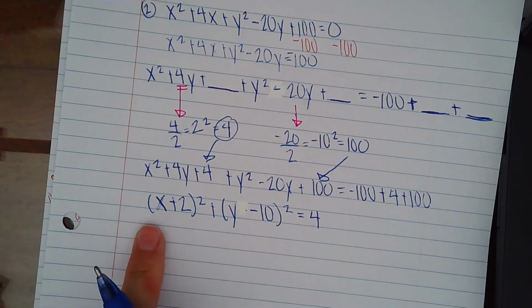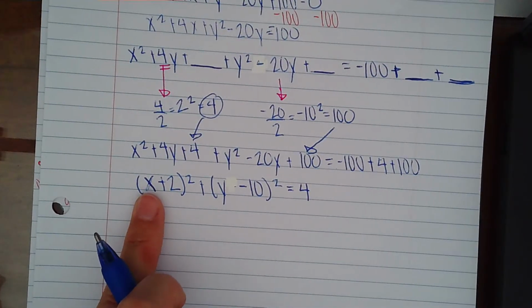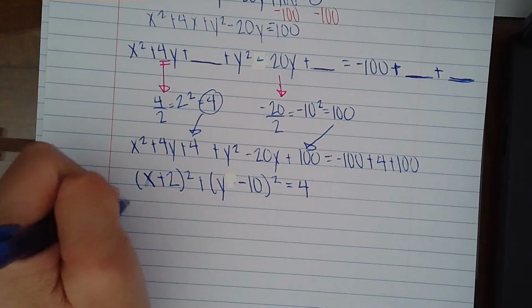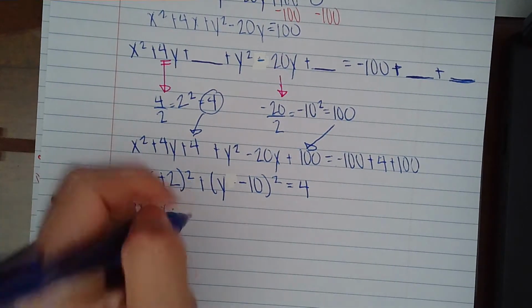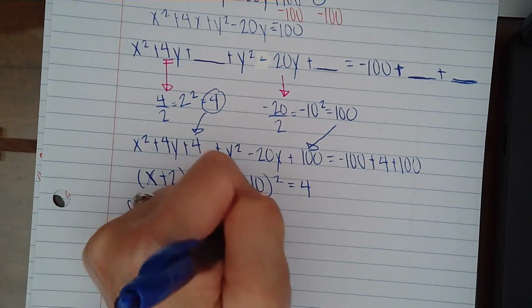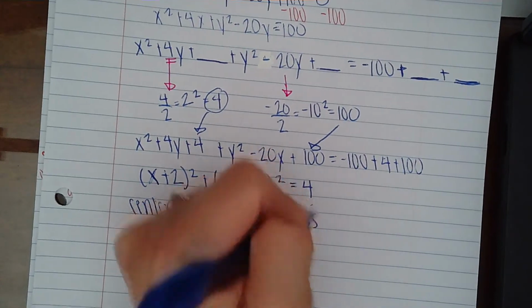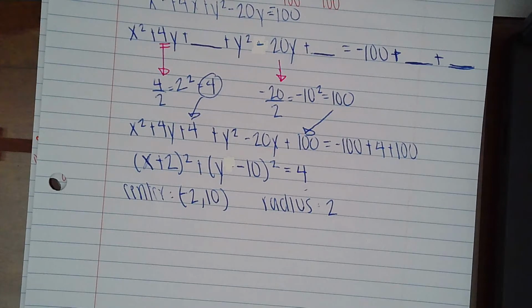So that's the equation of our circle. And my center would be negative 2 and positive 10 with a radius of 2.